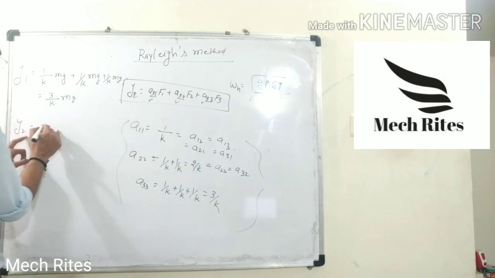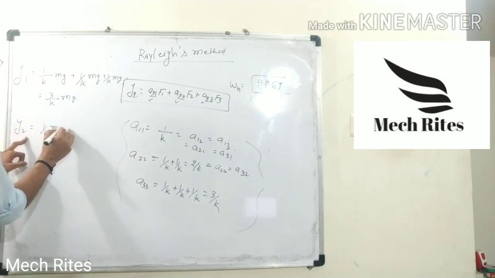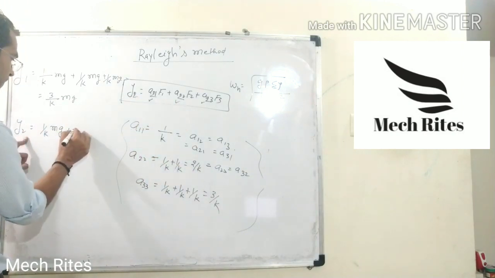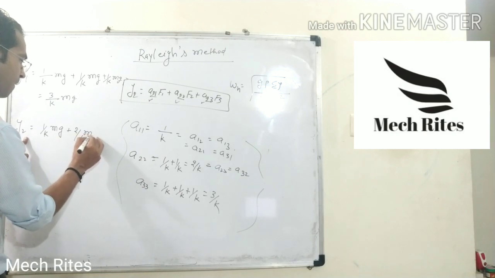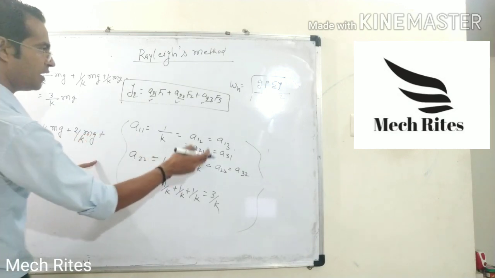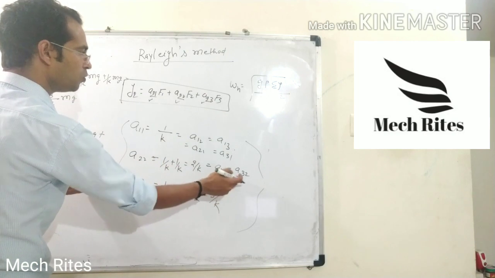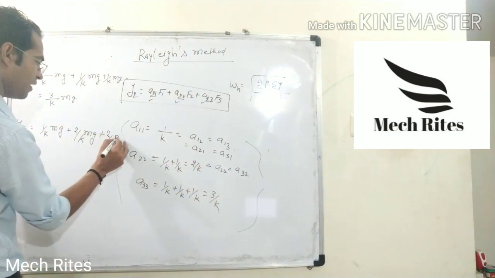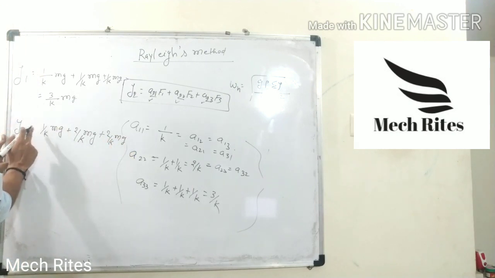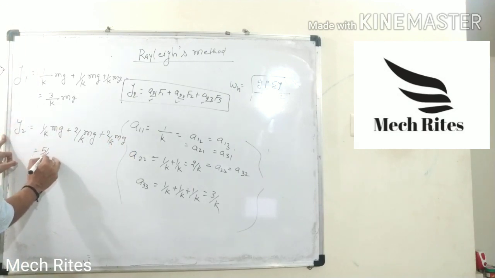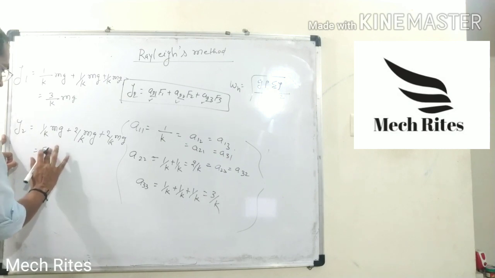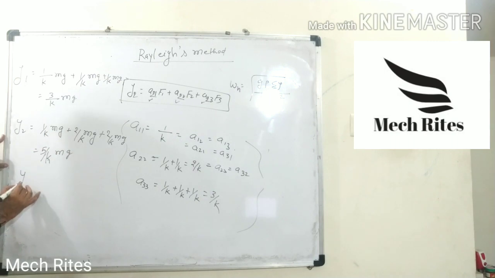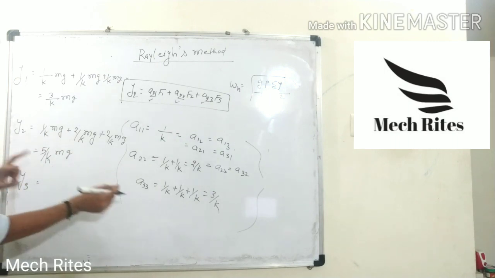A21 will be 1 by k mg, plus A22 which is 2 by k, plus A23 or A32, both will be the same, and it will be 2 by k mg. So finally 1 plus 2 plus 2, 5 by k mg will be y2.